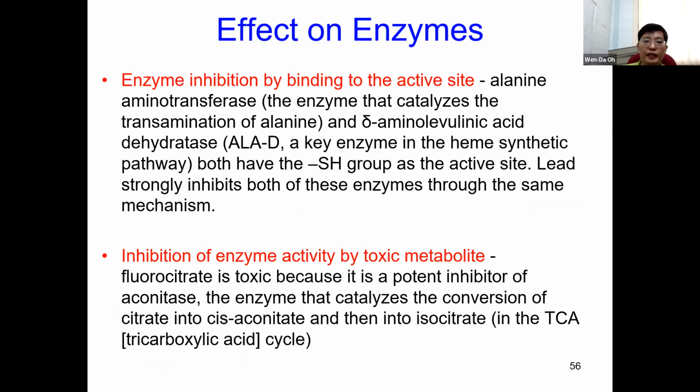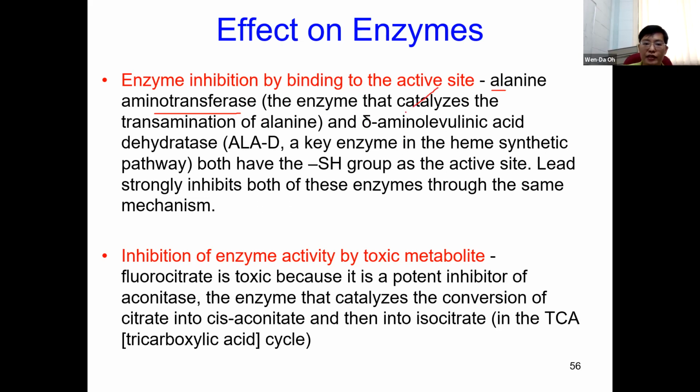Then we have inhibition by binding to active sites. One example is the enzyme alanine aminotransferase, an enzyme that catalyzes transamination. The other one is aminolevulinic acid dehydratase, another enzyme. Both of these enzymes have the SH group.